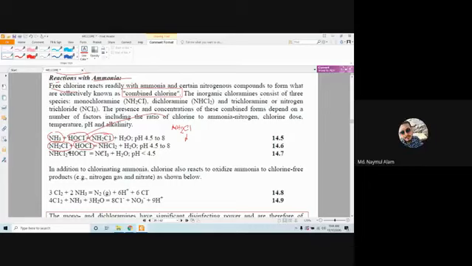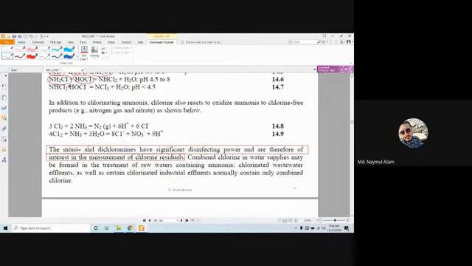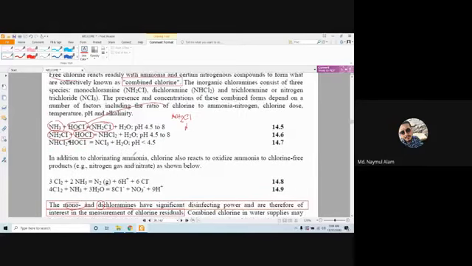Two. So this is called dichloramine. Clear? So monochloramine, dichloramine. Clear? And this happens in pH range 4.5 to 8. This also happens in 4.5 to 8.